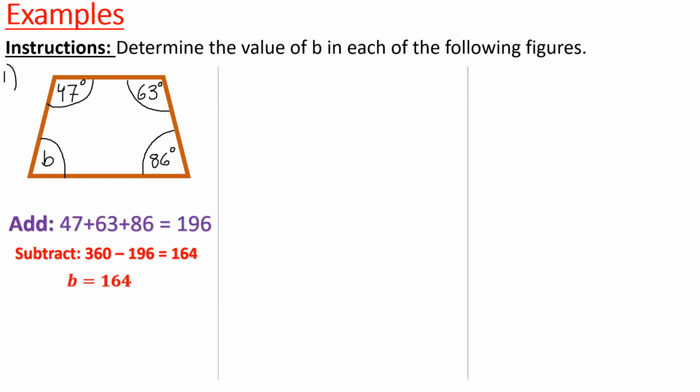Why did we subtract from 360 and not 180? We subtracted from 360 because it was a quadrilateral, and it had four sides, which added up to 360. Very good. Angles in a quadrilateral add up to 360 degrees.